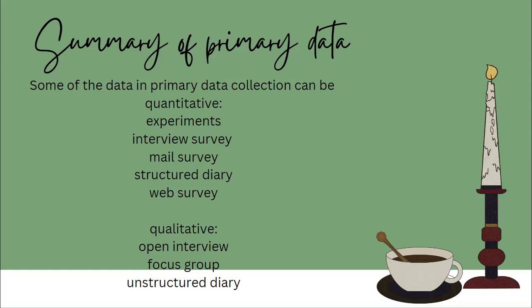And for the qualitative research, you might have an open interview, a focus group, and an unstructured diary. And from these, you might observe the participants and find existing records, sound, or images.